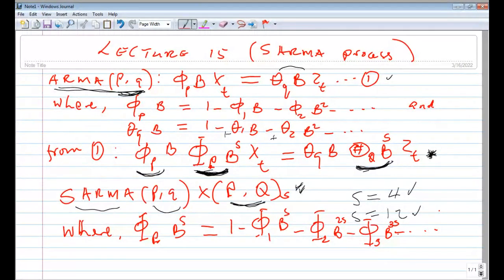You see that? The same applies to the other seasonal part for a moving average.